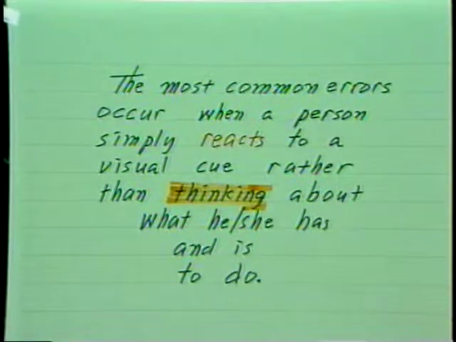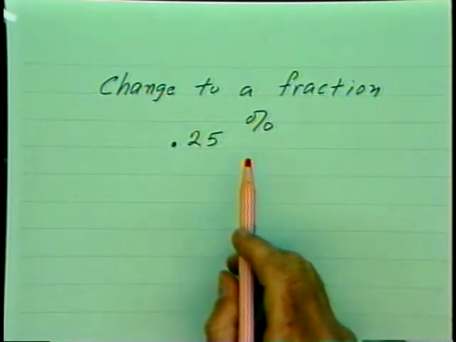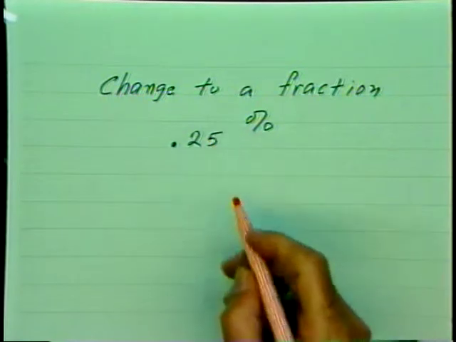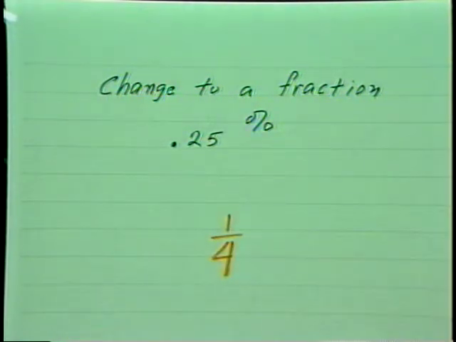Let me give you some examples by showing you some extremely common errors with percent representations. For instance, consider the question of what is the fractional value of this percent. You would be surprised at how many people, unfortunately perhaps the majority, would say 1/4. And that's wrong. Do you see why?